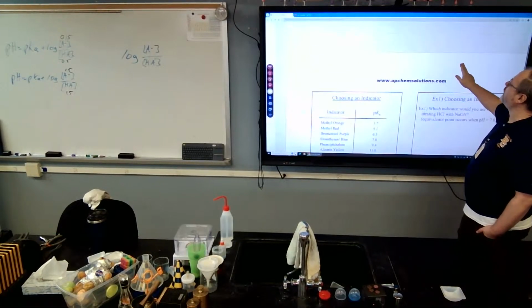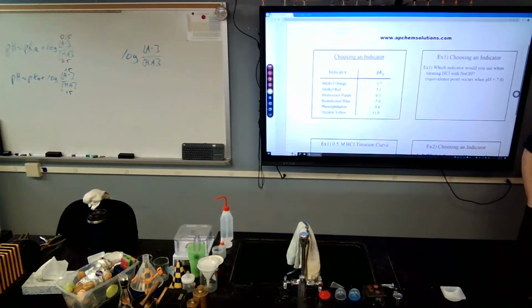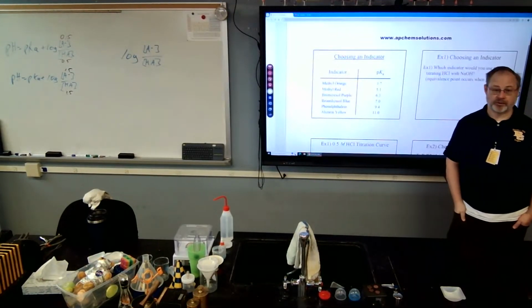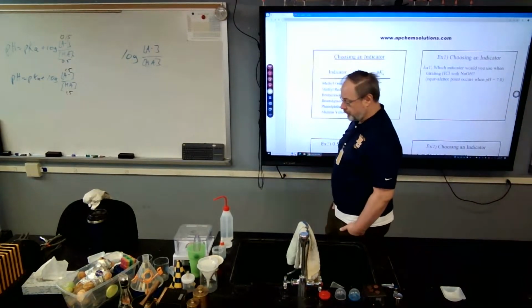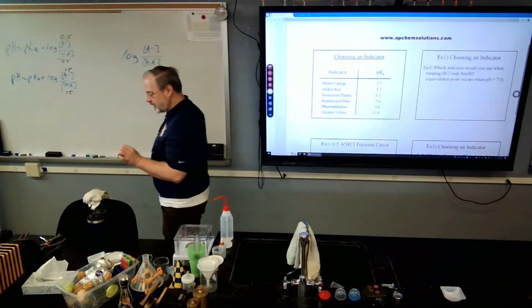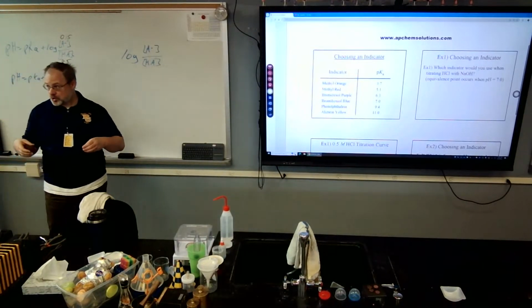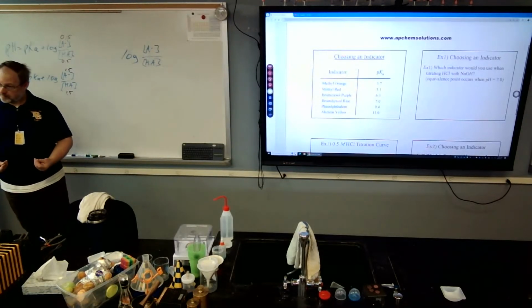Okay, choosing an indicator. You need to choose an indicator that has an endpoint near what you anticipate your equivalence point to be. This is a big one. You need to choose an indicator that has an endpoint or an endpoint range that is near what your equivalence point is expected to be.